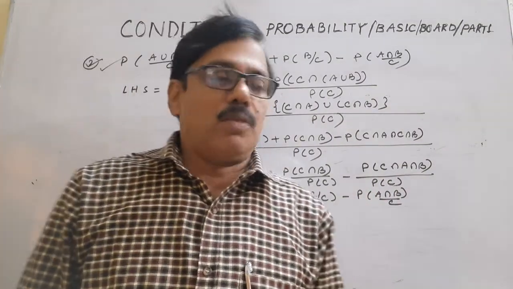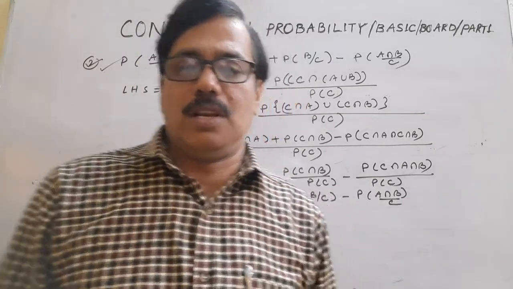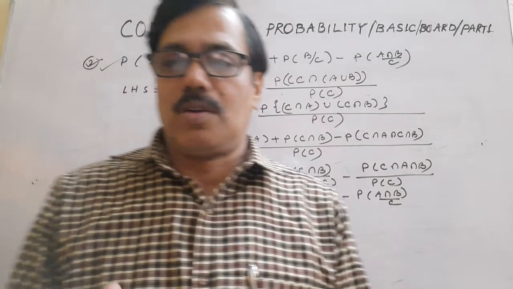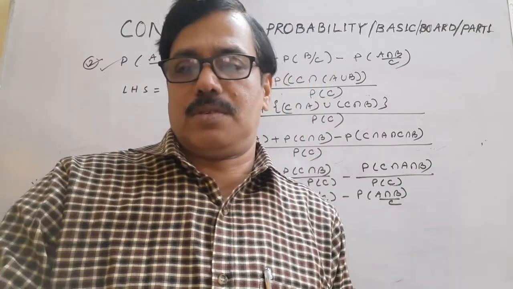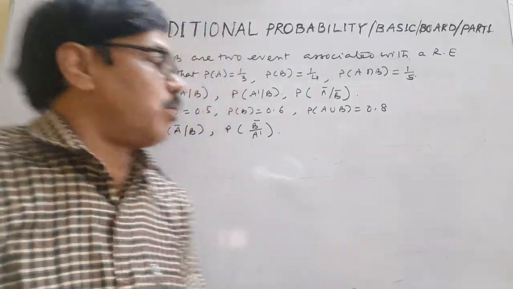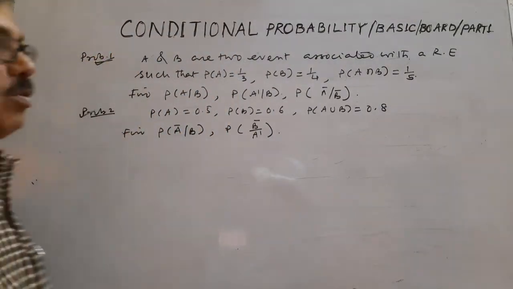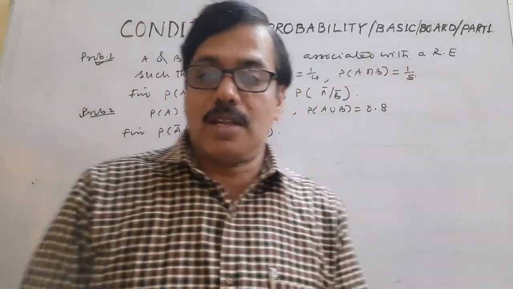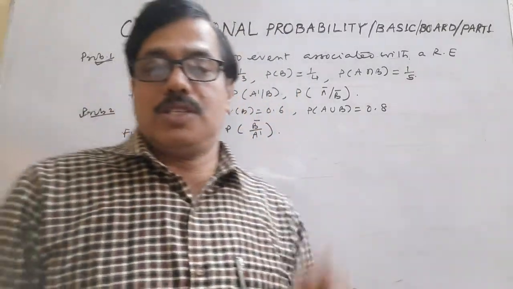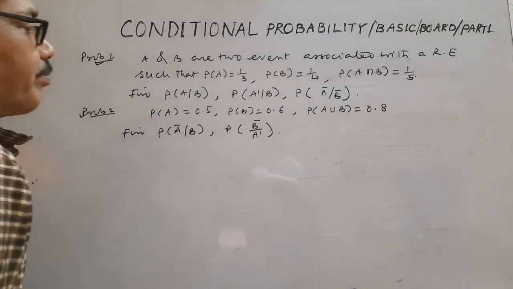So now we solve some simple problems of conditional probability, 1 or 2 marks problems. Now I consider two problems. So most important problems for the board as well as WBJEE also. So very simple problem.